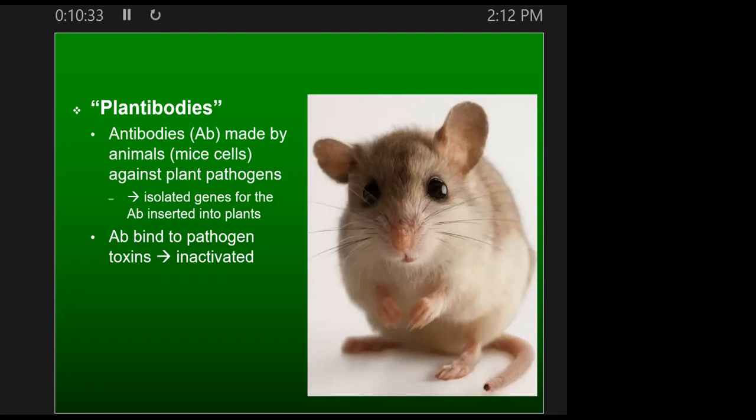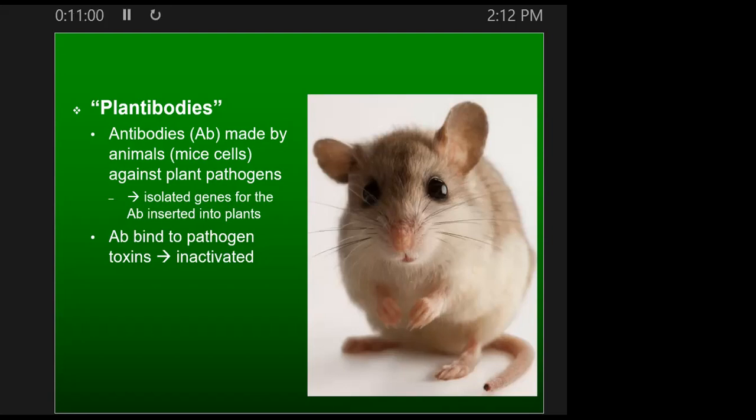Basically, you just keep the cells alive and running. They don't morph into a new mouse, for example, like plants can do. But very often cells are kept in a tissue culture system so that you can study some of the biochemistry and physiology. Anyway, so plantibodies is the idea of getting the antibodies expressed, figuring out which gene codes for that antibody, and getting that gene to the plant.